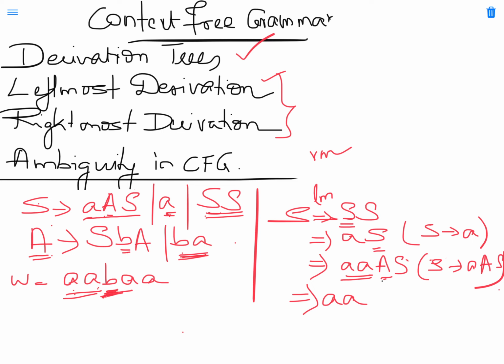You can try with the first one. If you try with the first one, you won't be able to generate the remaining BAA. So you can just try with the second, S gives BA.